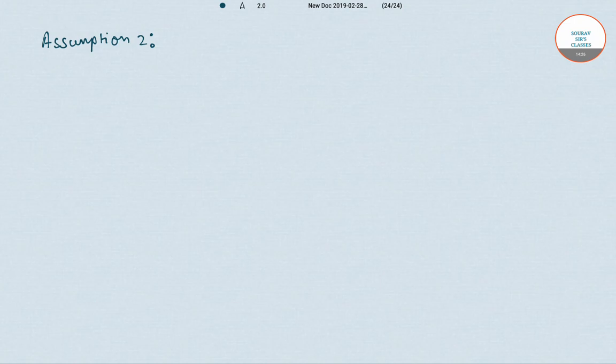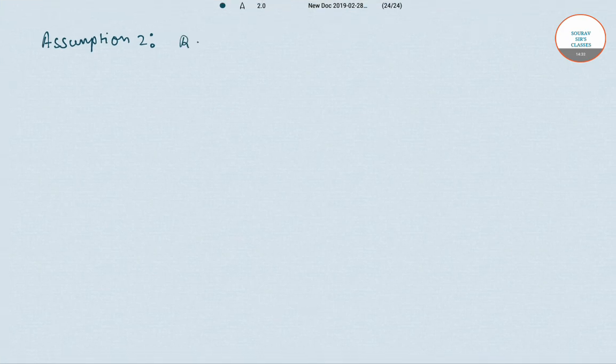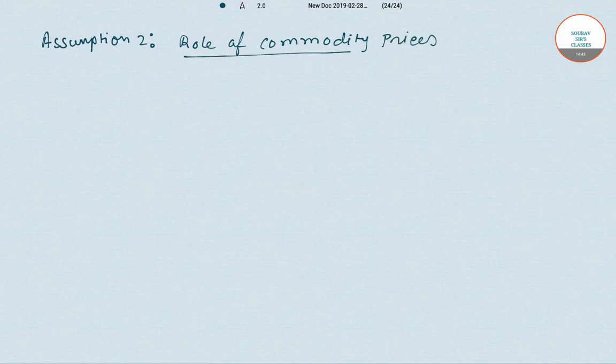So in assumption 2, it is given the role of commodity prices. So now we'll be talking about the role of commodity prices. So what is the role of commodity prices?